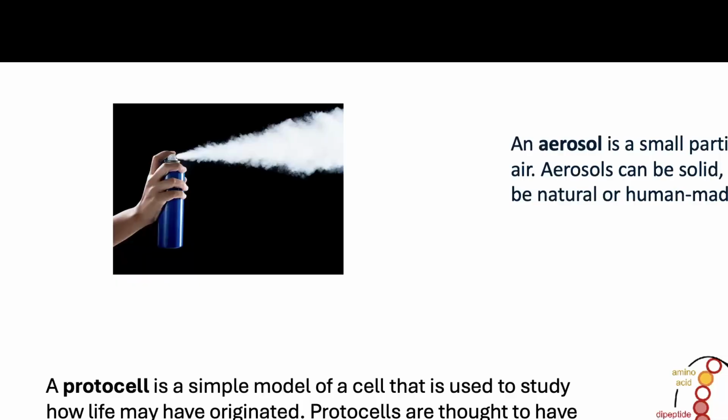And what is an emulsion? An emulsion is a mixture of two or more liquids that are usually immiscible, meaning they don't normally mix. In an emulsion, one liquid is dispersed in the other as small droplets. Now, the best example is mayonnaise that we eat. Mayonnaise is just an emulsion made using emulsifiers from egg fat, right?